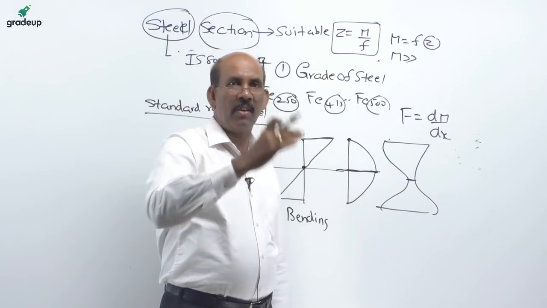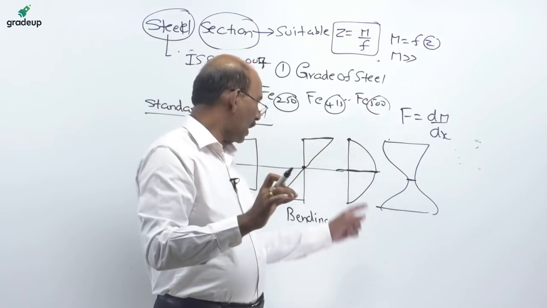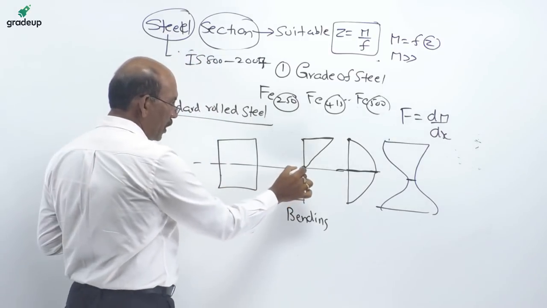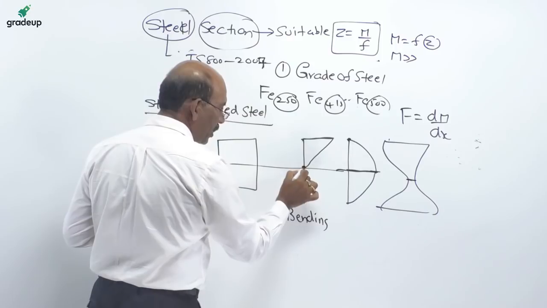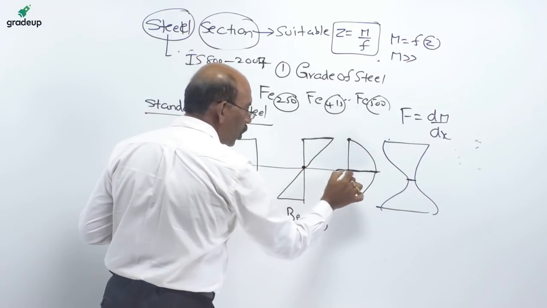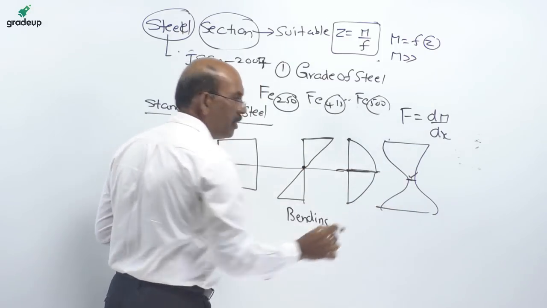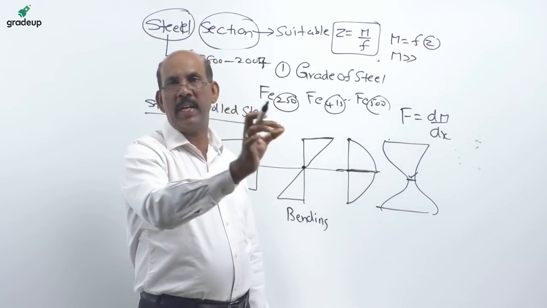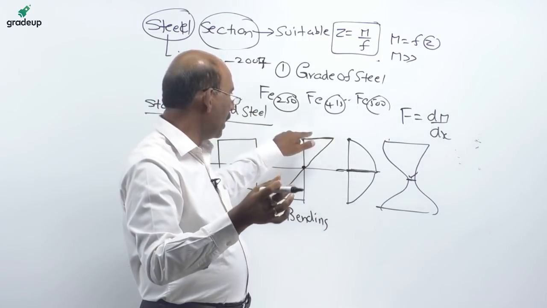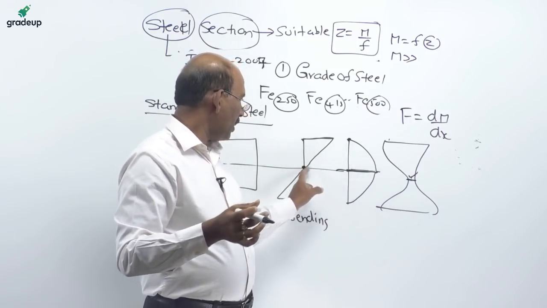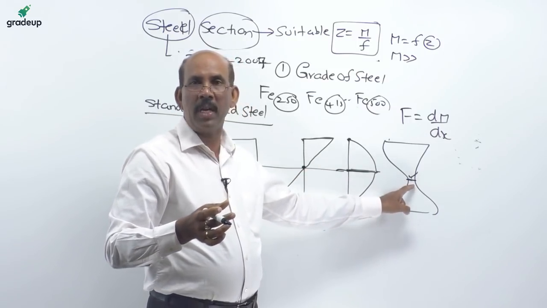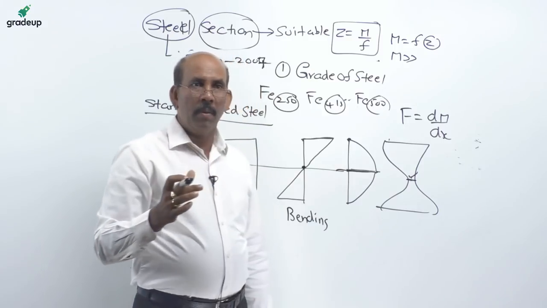Hope it is clear why the area is low in the middle: the bending stress is 0 exactly here, so only to take care of the shear is this particular shape provided. One is the bending, the maximum; one is the shear, this is the area to be provided.